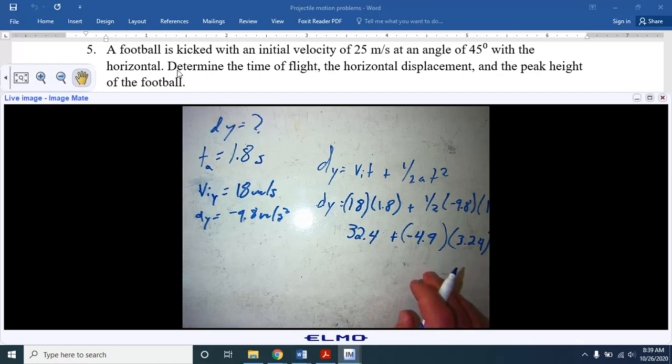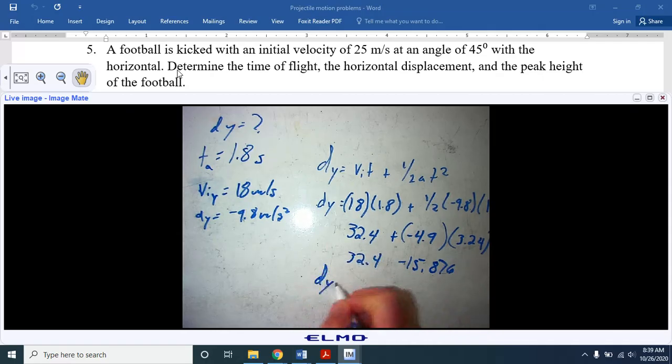So times 3.24 by 4.9, negative 15.876, minus my 32.4. So finally my dy, well, I take 32.4 minus 15.876, is 16.5, which we round up to 17 meters.